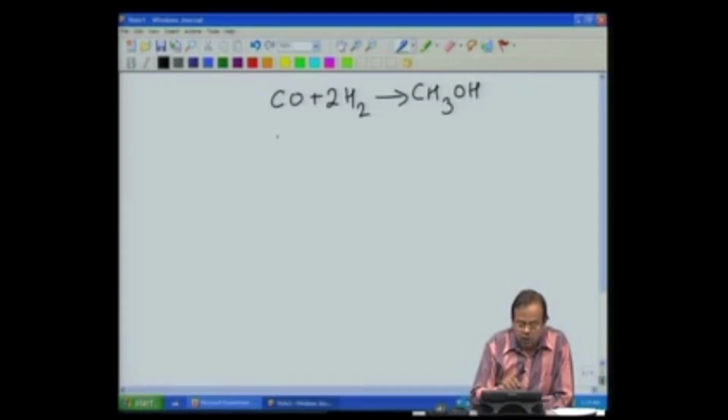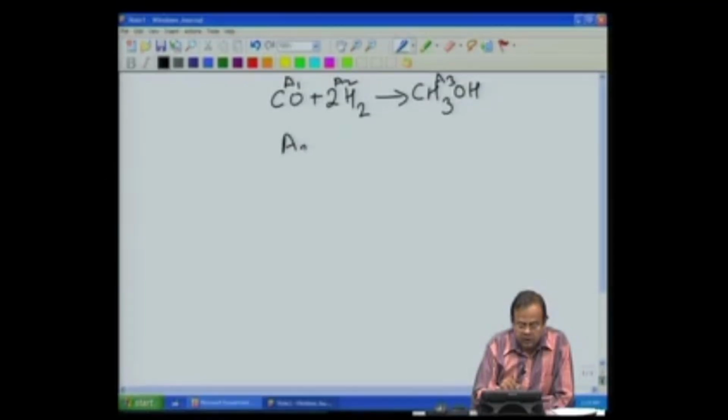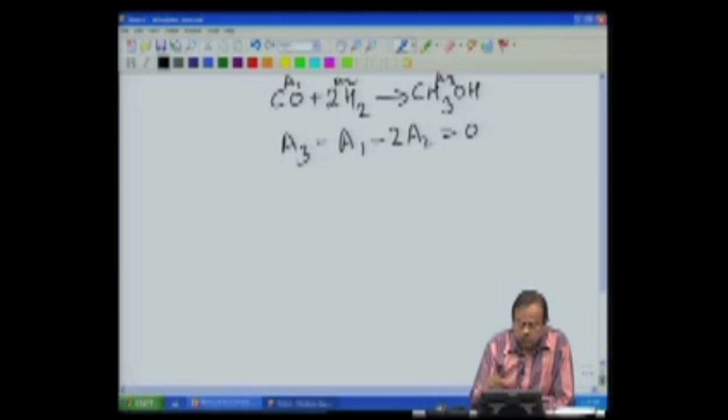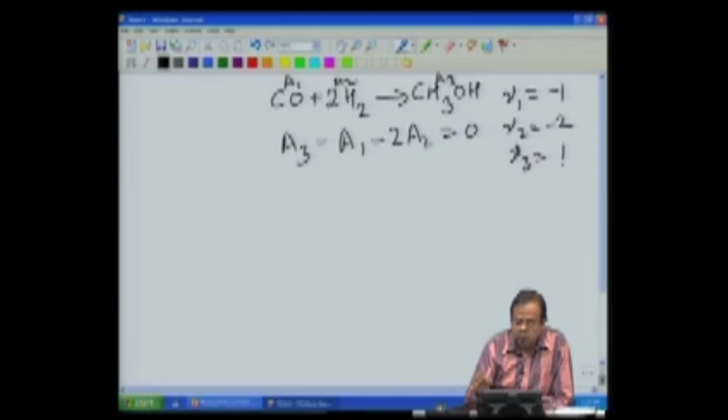Let me call carbon monoxide A1, hydrogen A2 and methanol A3. So, we can quickly write this reaction as A3 minus A1 minus 2A2 equal to 0. So, my stoichiometric coefficient nu 1 is minus 1, nu 2 is minus 2 and nu 3 is plus 1.